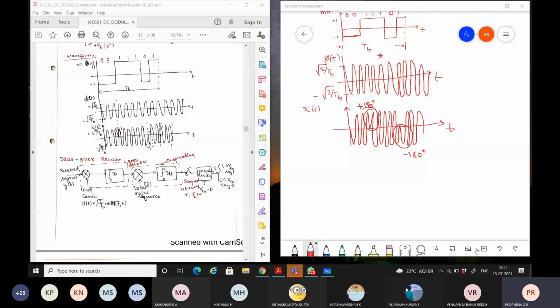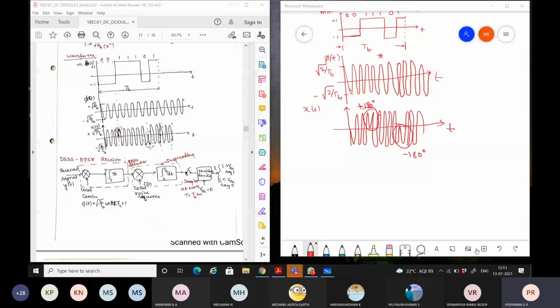So this will be the received signal, and after multiplying with the local oscillator carrier, the output of this block is given to an integrator. This integrator will limit the signal strength between 0 to TB seconds.